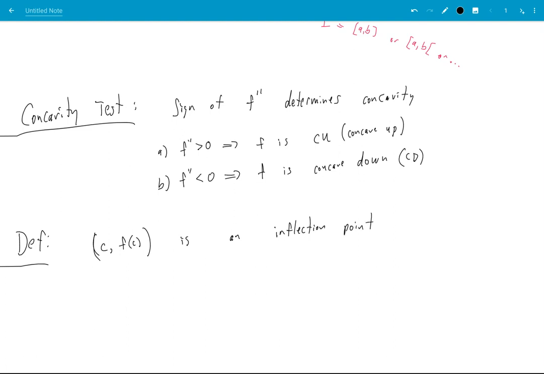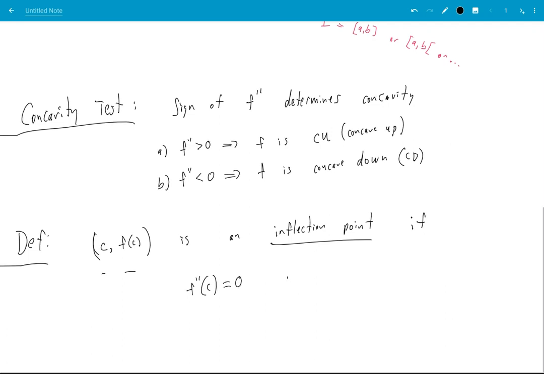So the point, x value, y value. This is different than critical number. Critical number was just an x value. Okay, so this is a little bit confusing for some students. It's an inflection point if f double prime of c is 0 and f is continuous at c.